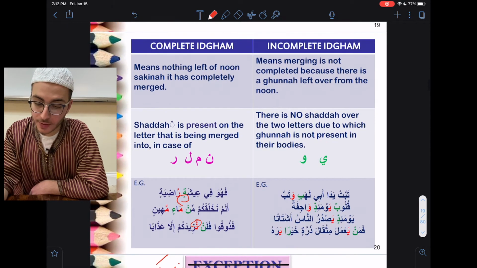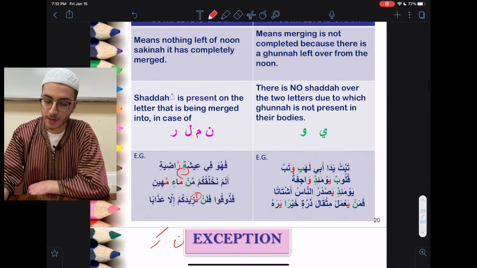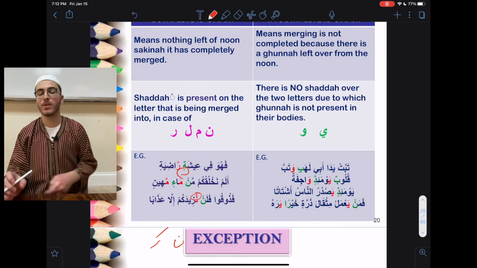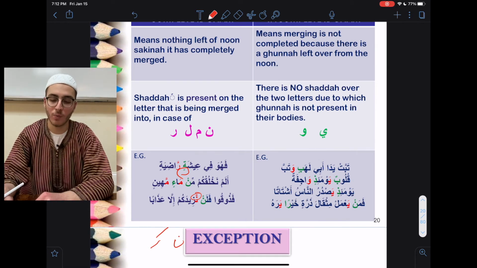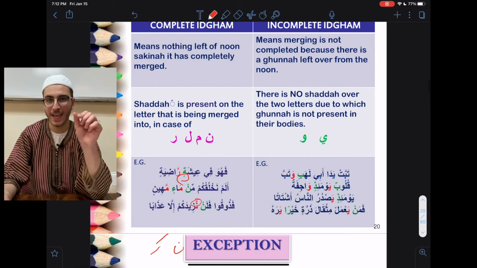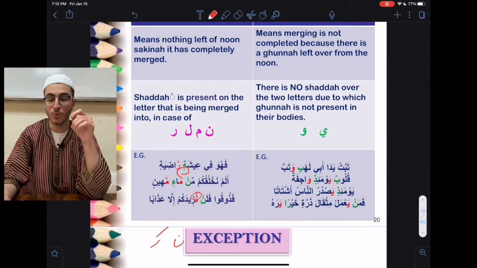Okay, moving on to idghamun naqis. تبت يدا أبي لهب وتب. So notice how I'm pronouncing that tanween. لهب وتب. I'm not saying it without the noon, and you're still getting some of that noon sound. I'm not completely getting rid of it. قلوب يومئذ.